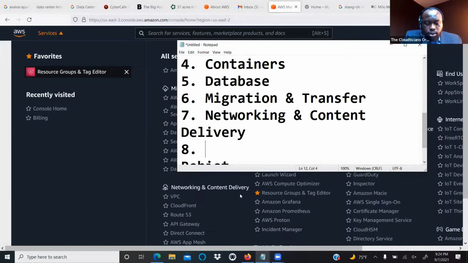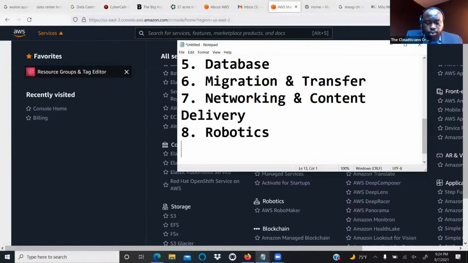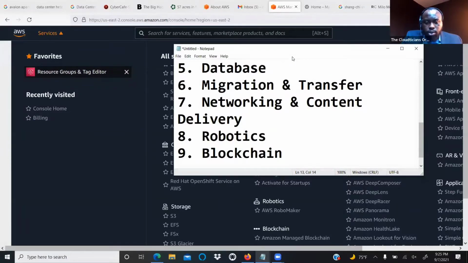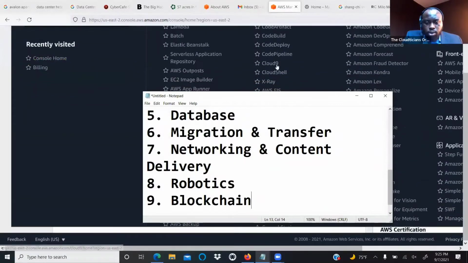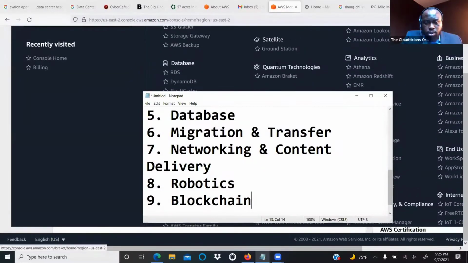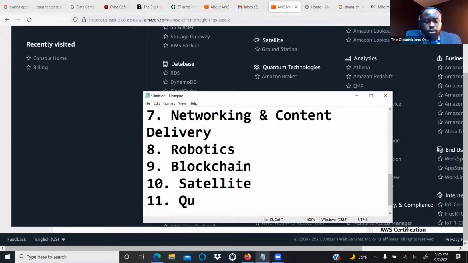Eight, robotics. Nine, blockchain. Ten, satellite. Eleven, quantum technologies.